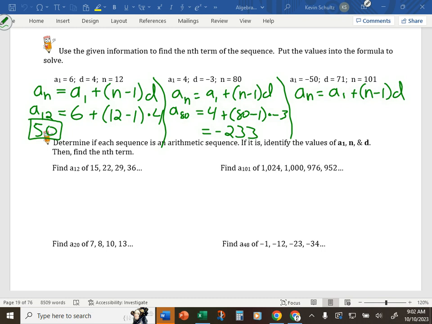The 101st term of a sequence that starts at negative 50, and you're adding 71 each time. This is how your equation should look. Your answer, the 101st term, starts at negative 50 plus 101 minus 1 times positive 71.